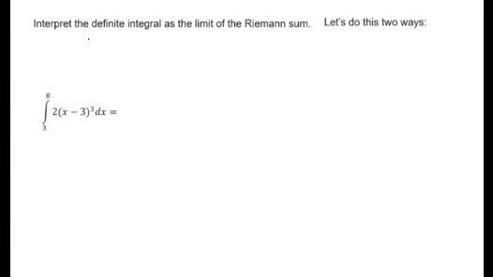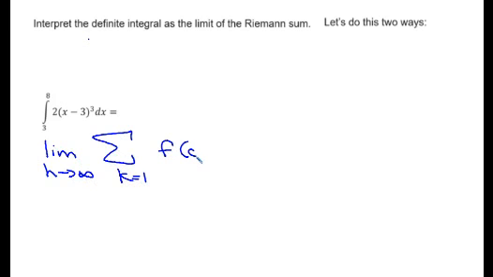We're going to have the limit as n approaches infinity. Put our little sigma symbol in there. Put my k equals 1. I'm going to have f of c sub k delta x.